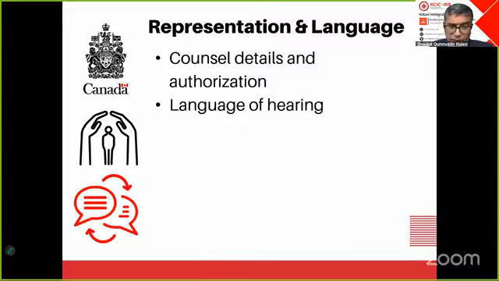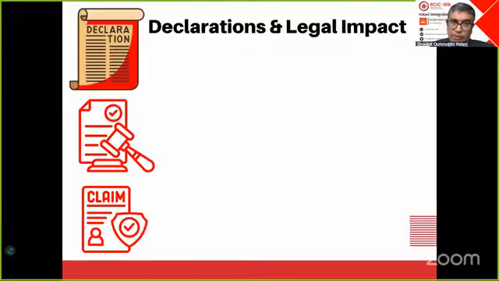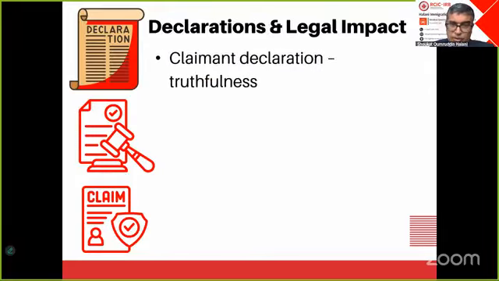Language of hearing: you will have to mention which language the IRB will use, either English or French, but they will also provide you an interpreter. You will have to declare that all the things you are mentioning in the BOC form are true.